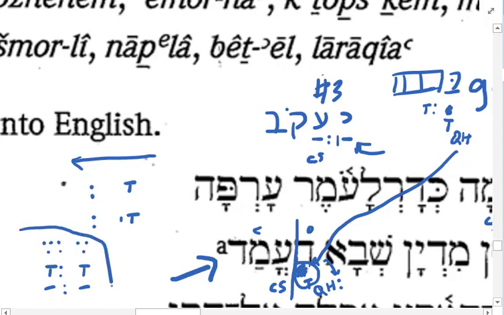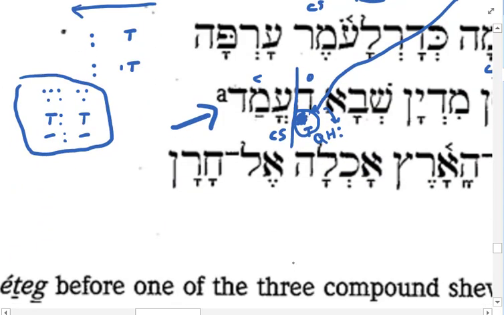So this is a very rare situation, but that is not a long A here, okay? So this is really ho amad, okay? So we're not going to have to transliterate these things anymore beyond this chapter, but I did want to walk through that with you because it's anomalous. It's very different from what we're normally going to see. All right.